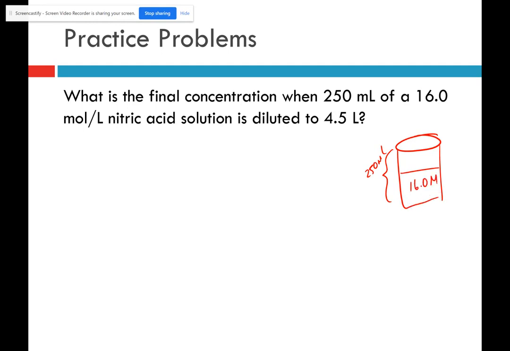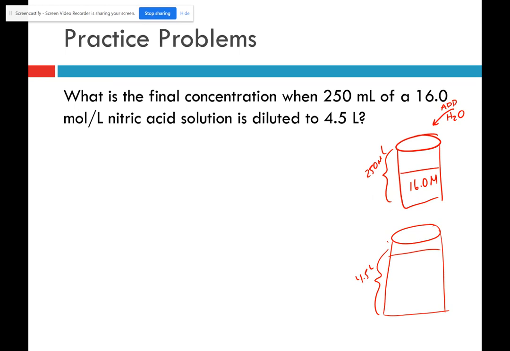What we're going to do though is add water to this to dilute it. And my new solution is going to be 4.5 liters. So I've added 4.25 liters, right?